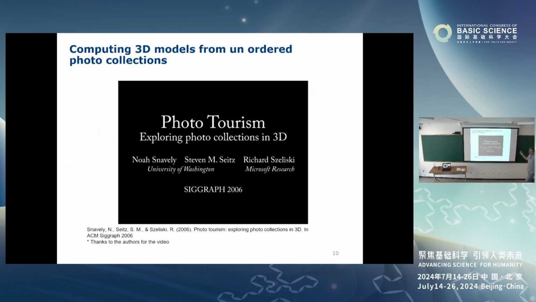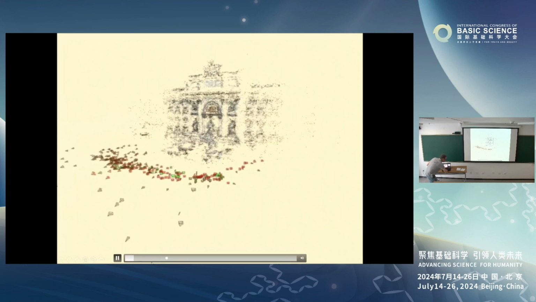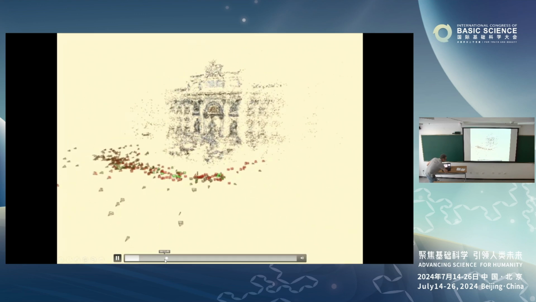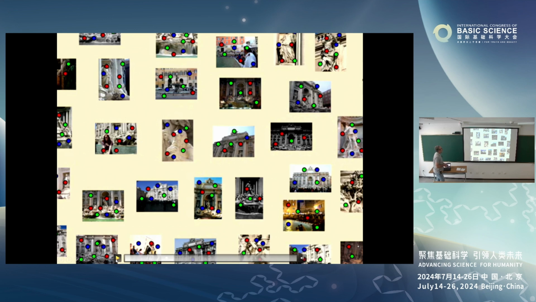Well, this is quite old, and we can trace it back to 2006. It was the first use of this method proving that it can work with general images. Maybe you know this experiment, where they go to the internet and ask for pictures of the Fontana di Trevi in Italy.